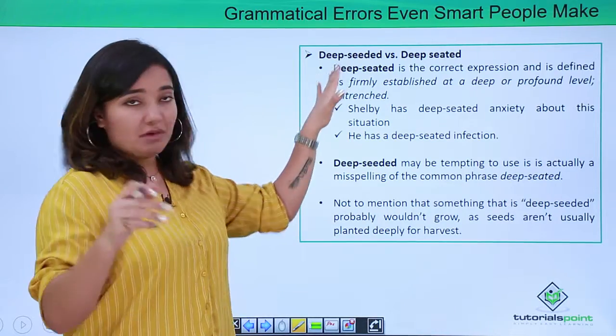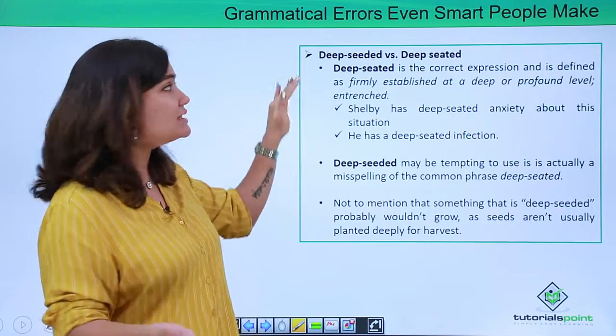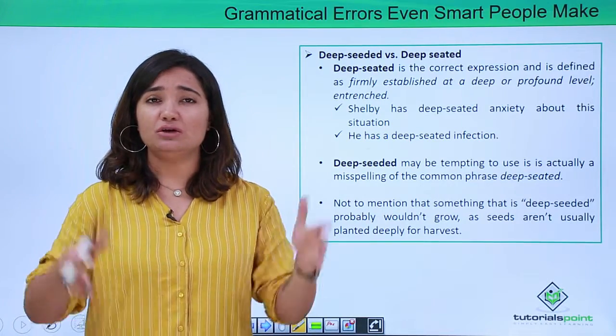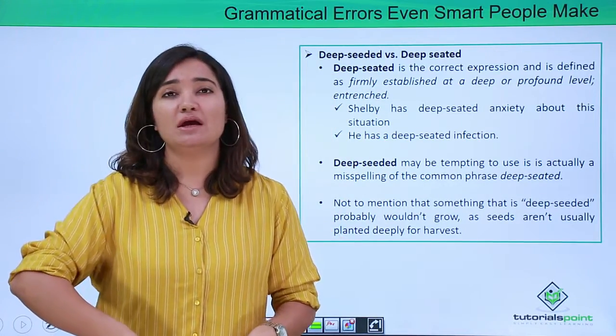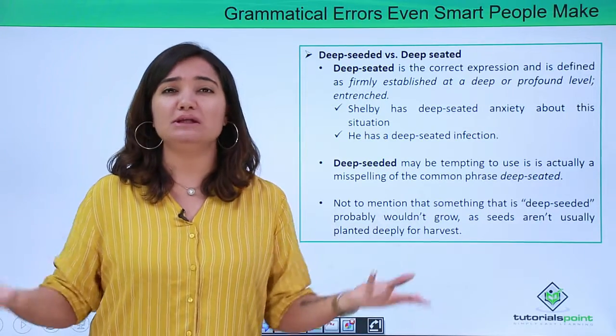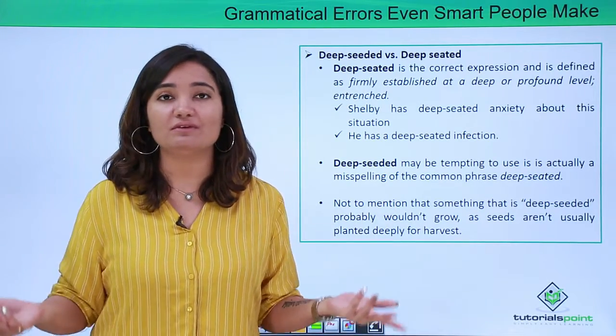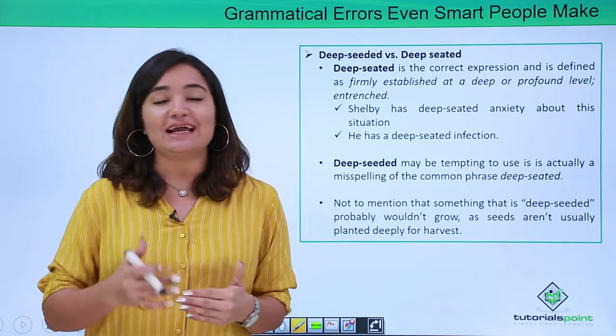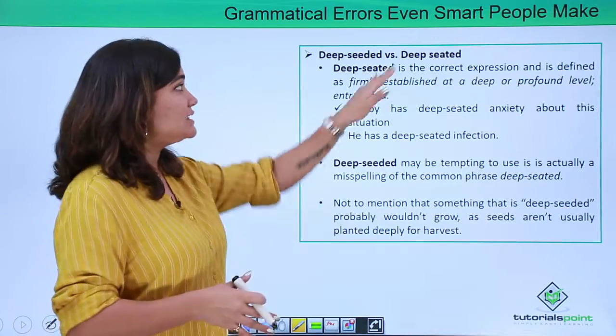Okay, so technically speaking, this term deep-seeded, so if any seed is actually dug very, very deep, it usually does not, or it might not even flourish, it might not even grow, right? So do you understand the literal meaning of deep-seated?